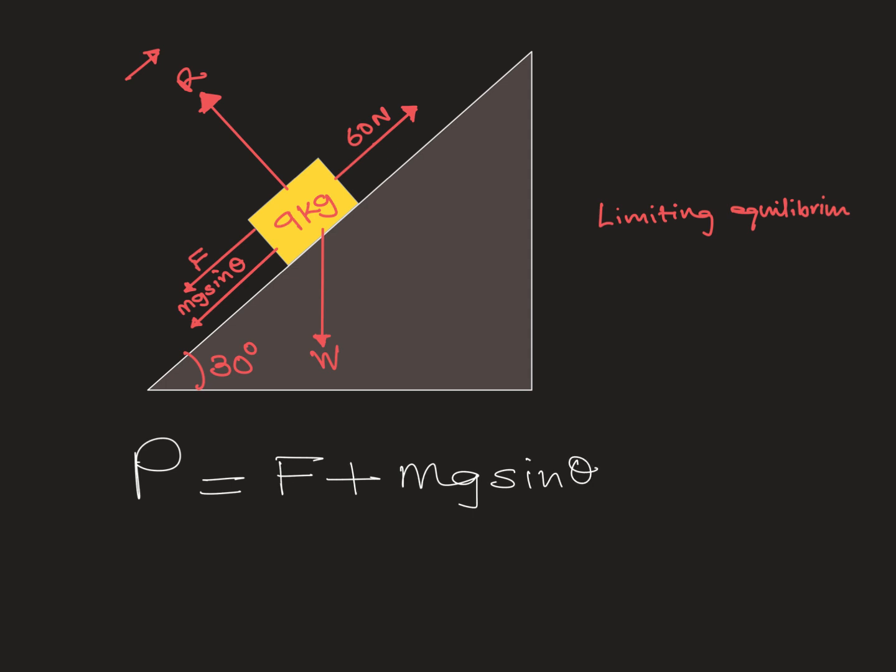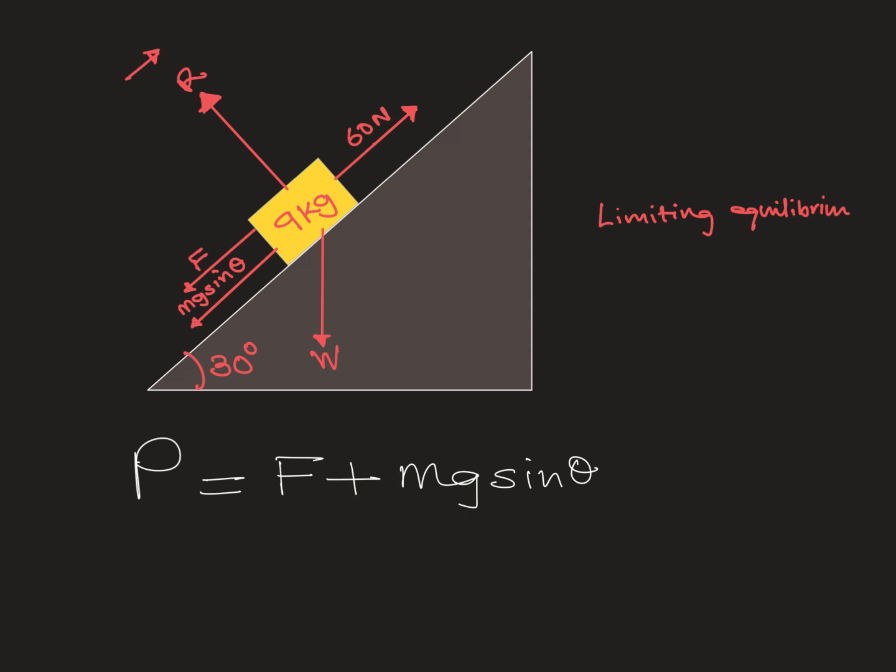In a state of limiting equilibrium, the opposing forces along the plane must balance each other. But in acceleration, that balance will not exist. One of the forces must be greater than the opposing force. So with acceleration, you have a net force.